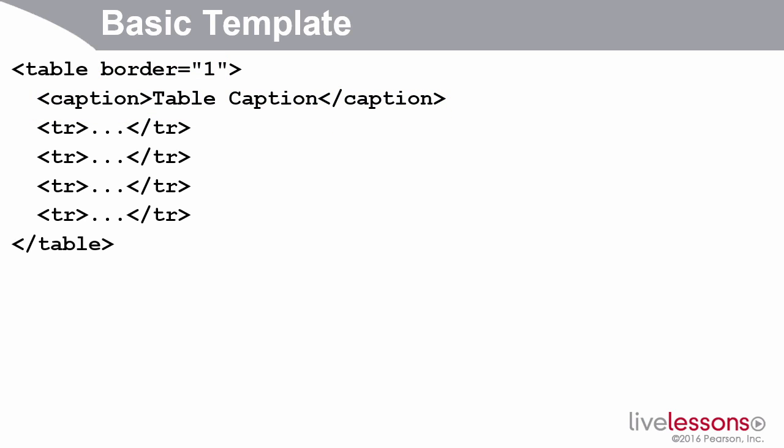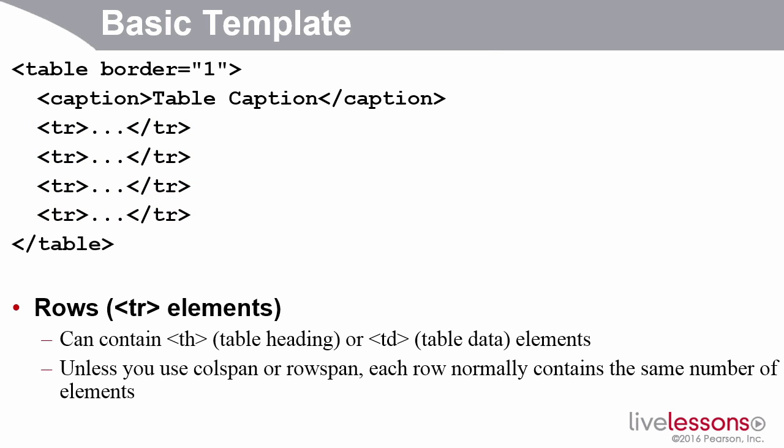But the most important thing is that the table element contains TRs, table rows. And so inside the TRs, you can have TH for table headings or TD for table data cells.